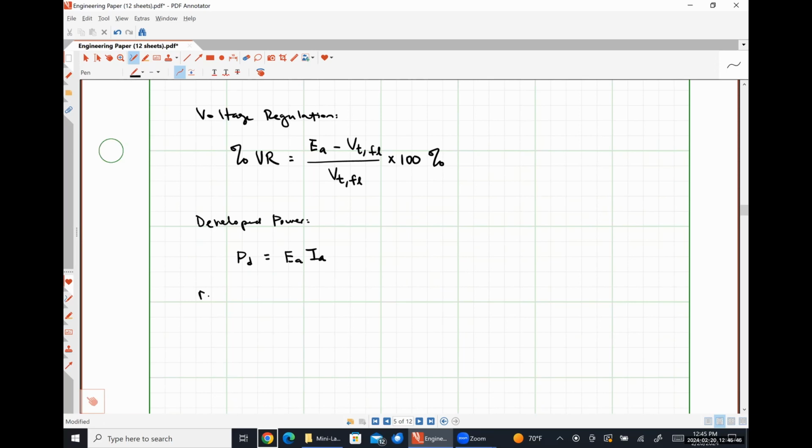Our developed torque is going to be given by PD divided by omega M, which is nothing more than EA IA over omega M, or Ka by D times IA.